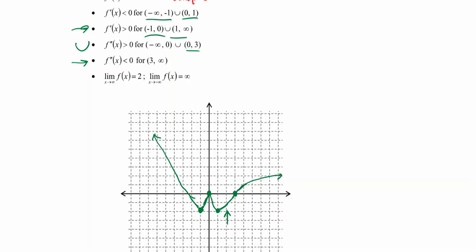All right. The last part says the limit of f of x as x approaches infinity is equal to 2. As I keep going farther and farther to the right, I'm approaching 2. So it looks like we have a horizontal asymptote at 2. We're going to get closer and closer to 2 and never get there.